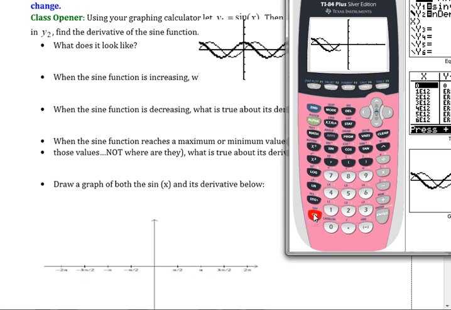I press On on an 84. It's Enter. But I'm afraid if I press On again, it's just going to go away. But you see what's happening here? Right up here from this maximum, the slopes are negative. What's true about the cosine curve? It's negative.